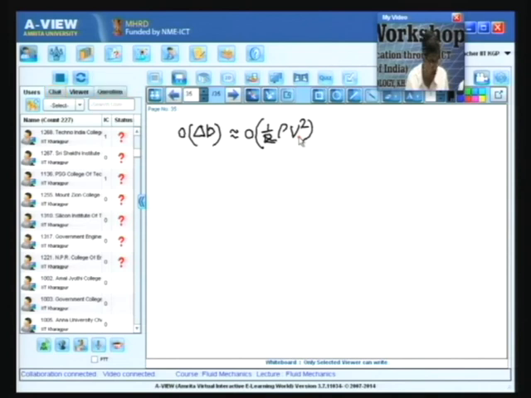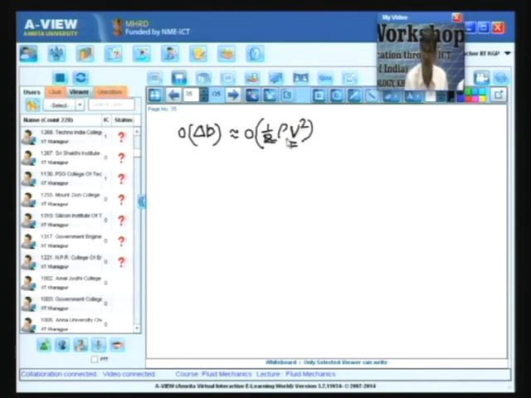This comes from Bernoulli's theorem, where v is a representative or characteristic velocity of the flow, which may be the free stream velocity for external flow, or the average velocity for internal flow. So delta P is in the order of that.